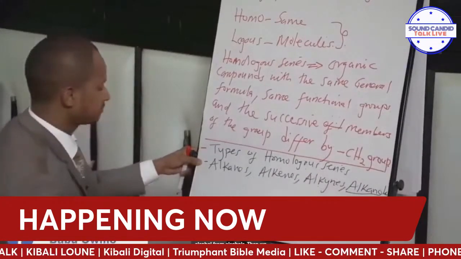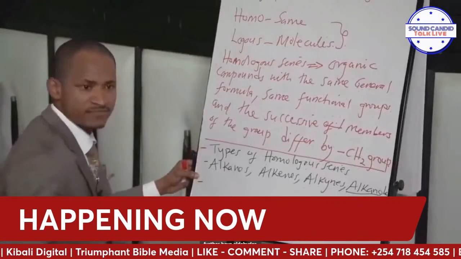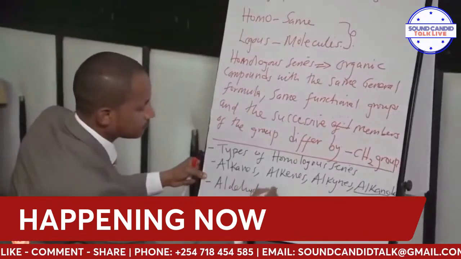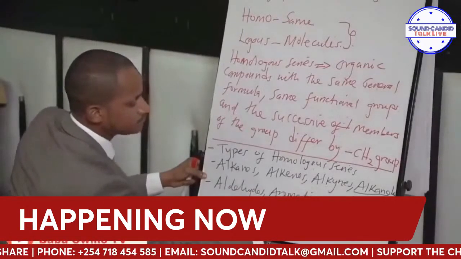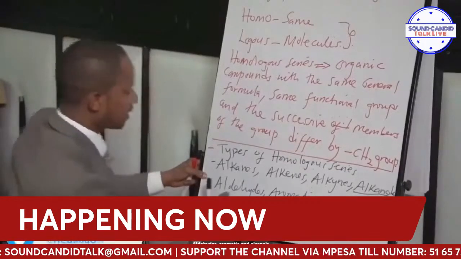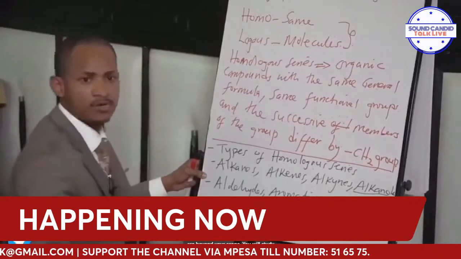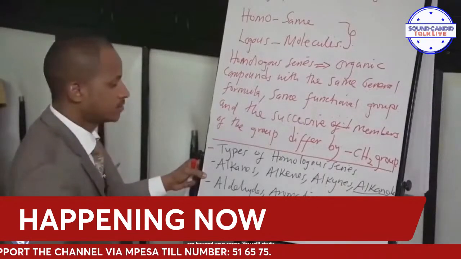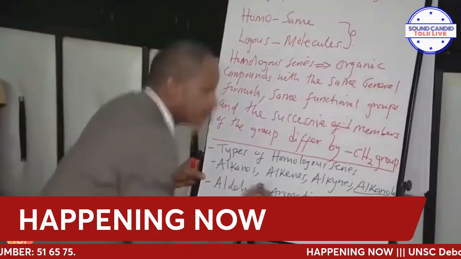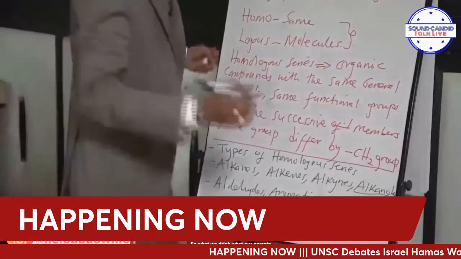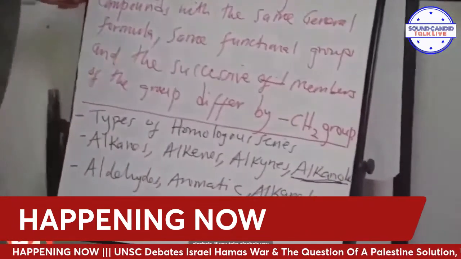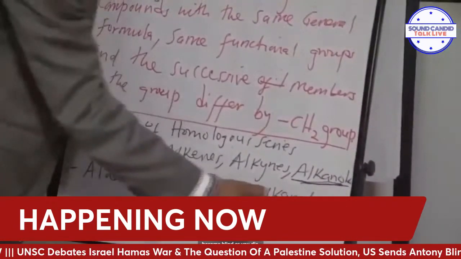Then we further have aldehydes, aromatic, and alkanals. Aldehydes, aromatic, and alkanals are beyond your scope; you will study them later at advanced level. What we drink, what our parents drink, normally comes from alkanols. If you take alkanals, you become blind or you die.